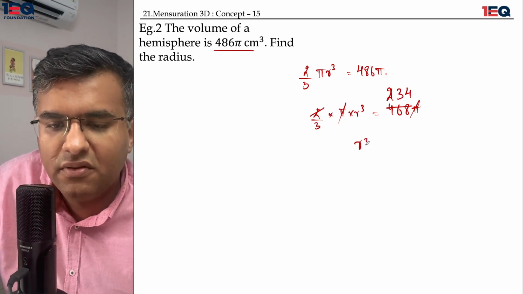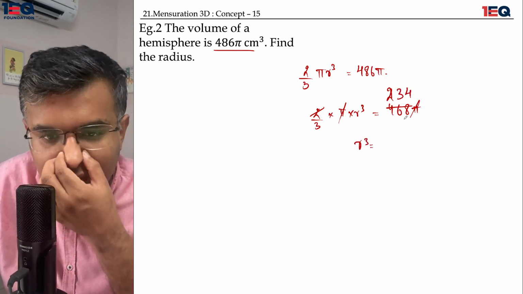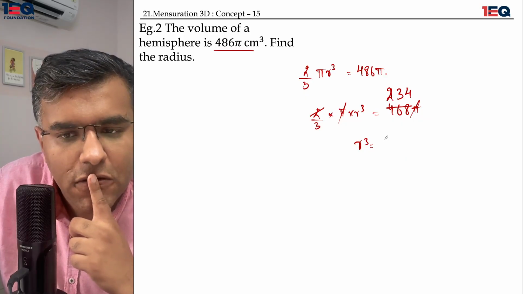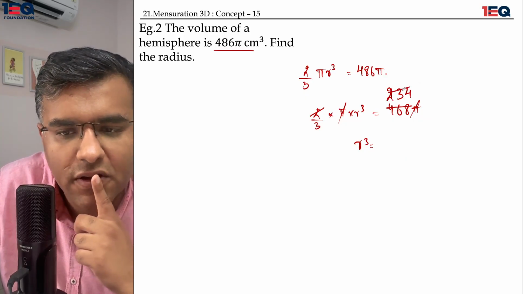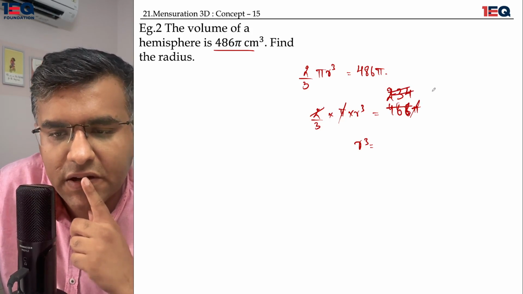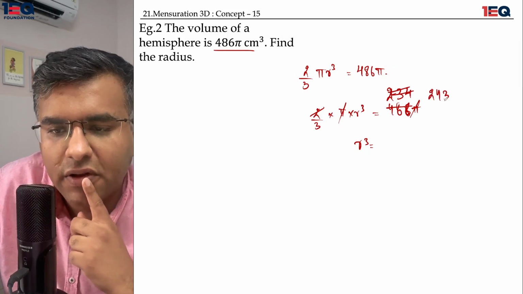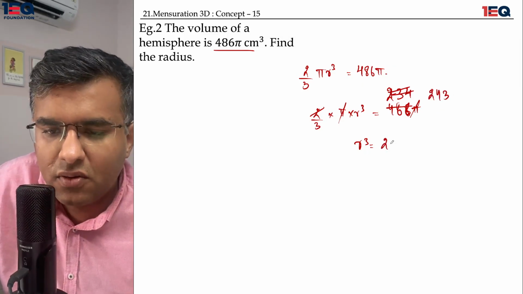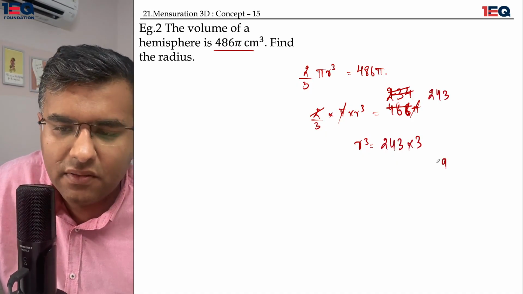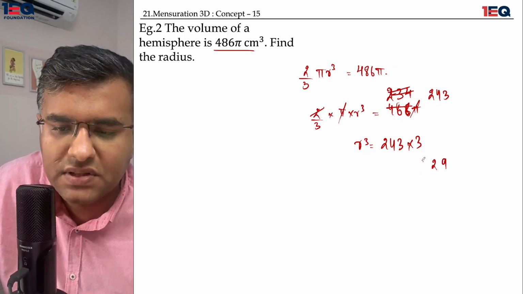So the value of r cube is going to be 234 into... No, this is going to be 243. This is not 234, I just changed the value. This is 468, so 243. This is going to be 243 into 3. 3 3s are 9, 3 4s are 12, 3 2s are 6, 7.